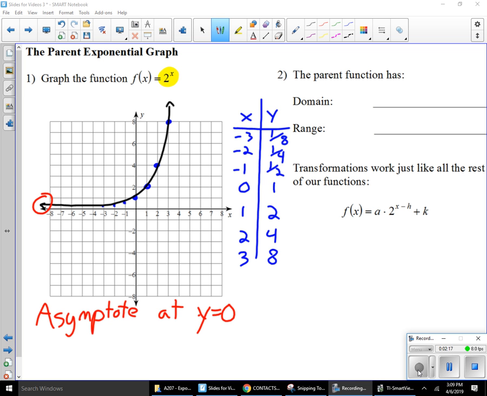So when we look at our domain, I can put any x value I want into the domain. So the domain is going to be all real numbers. However, the range is not all real numbers. All of this stuff down here, that function will never touch. So we only get the positive numbers for our parent graph.